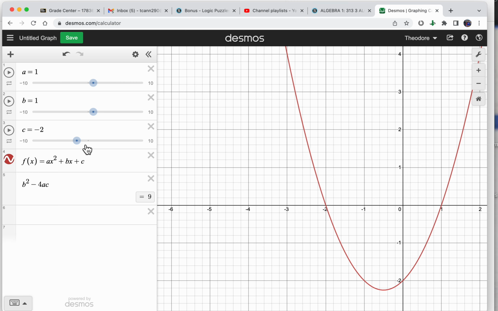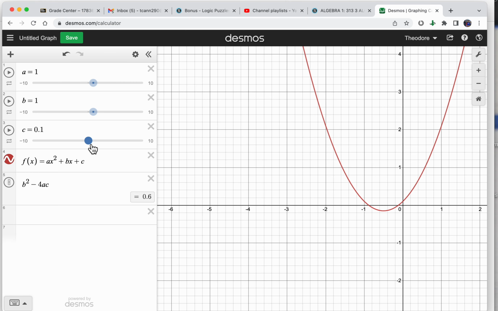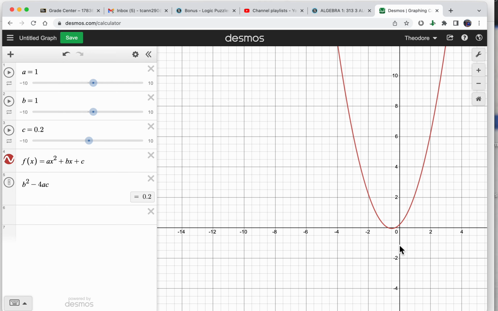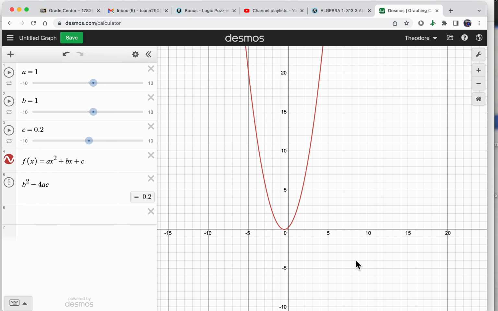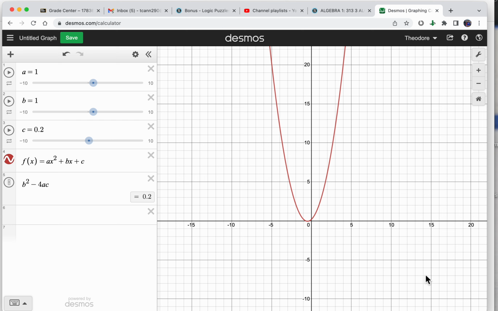Show you a quick example. Basically this example. So right here, it looks like clearly, I would say, 2 intersections. But if I zoom out a lot and show you a graph that looks like this, same graph, at first glance, it might look like it's only crossing once, right? But since the Regents is a pencil paper assessment, it's not like you're going to be able to zoom in on the paper.